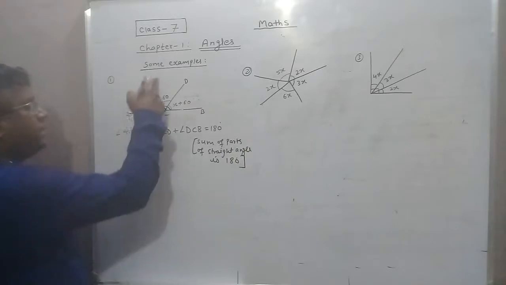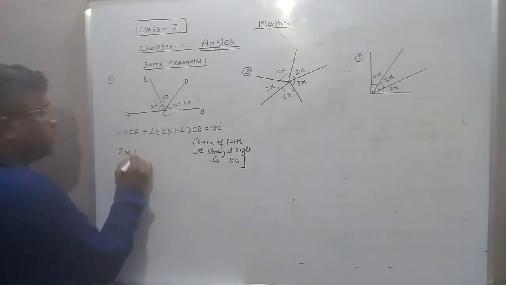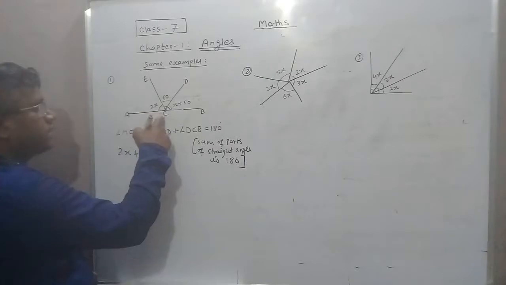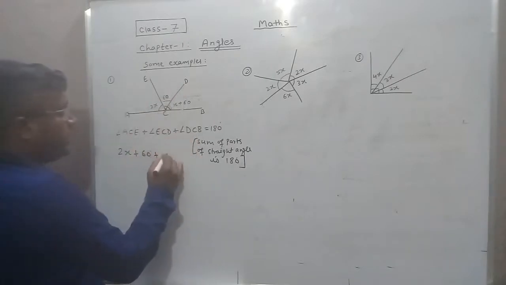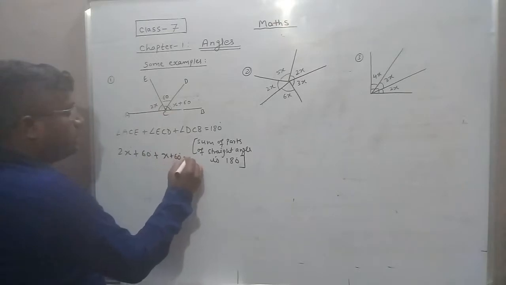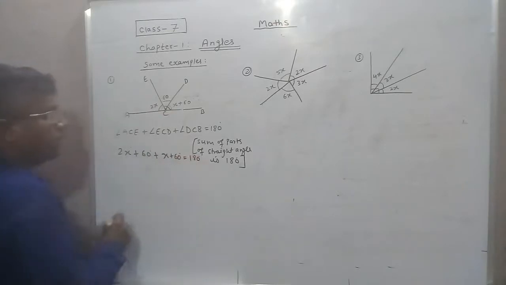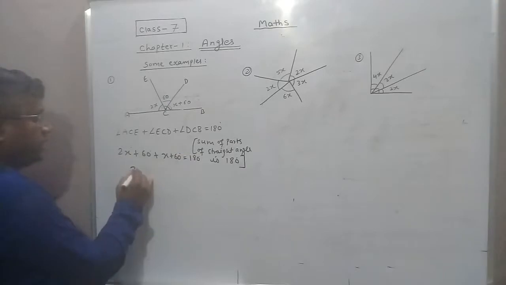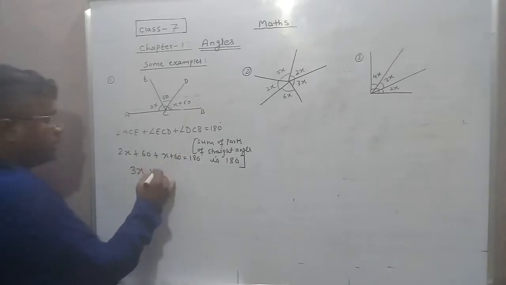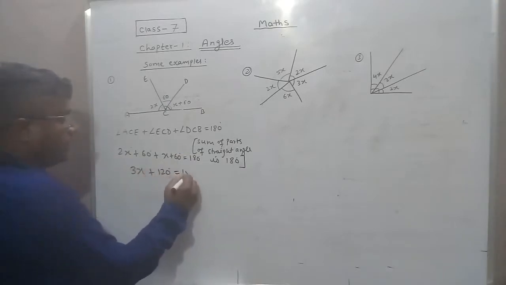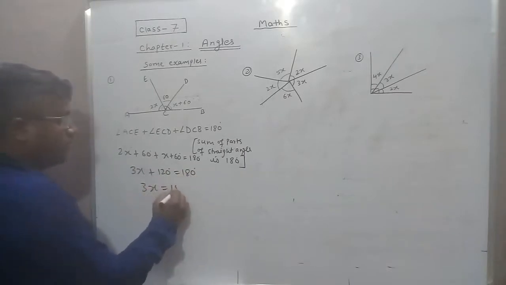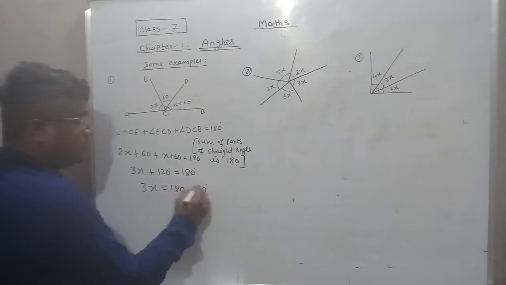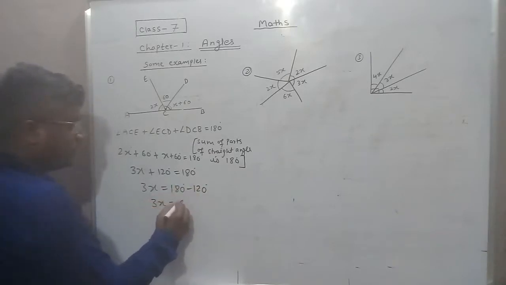So ACE is 2x, plus ECD is 60 degrees, plus DCB is x plus 60 degrees, equal to 180 degrees. 2x plus x is 3x, plus 60 plus 60 is 120 degrees, equal to 180 degrees. Transfer this to the right hand side: 3x is equal to 180 degrees minus 120 degrees, that is 3x is equal to 60 degrees.